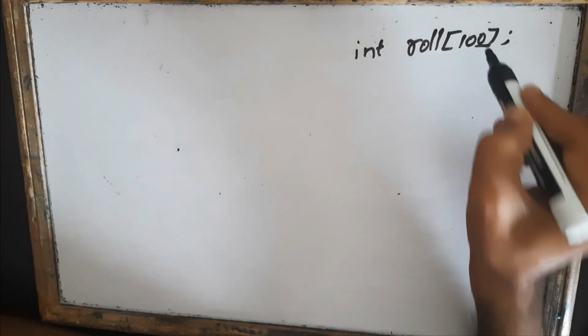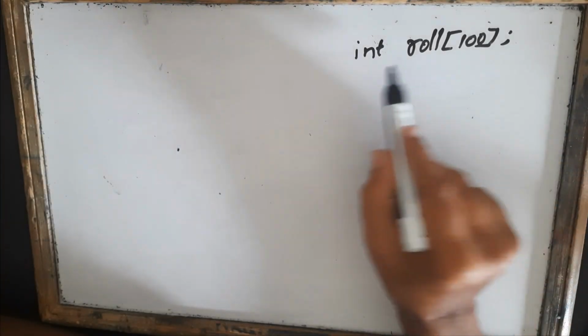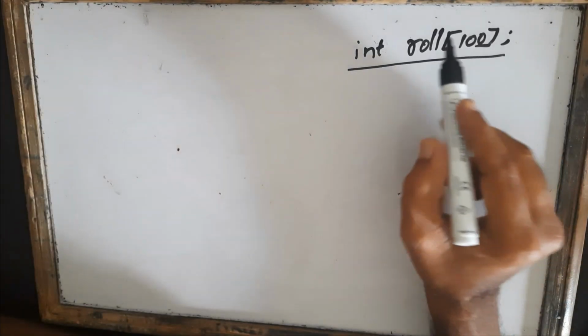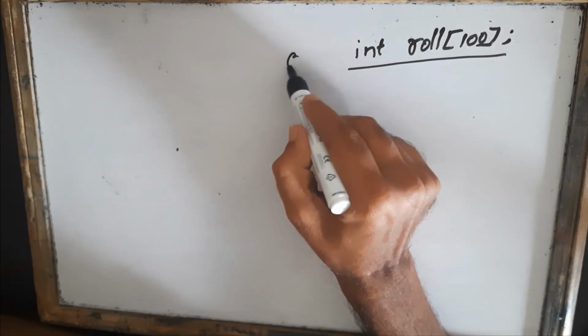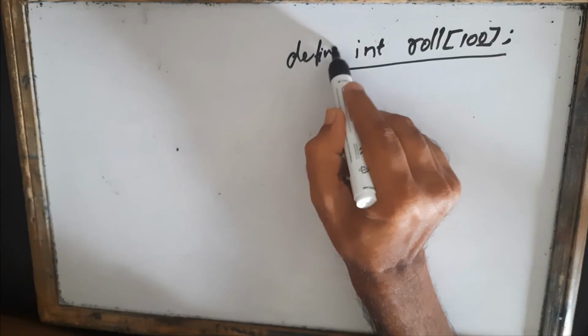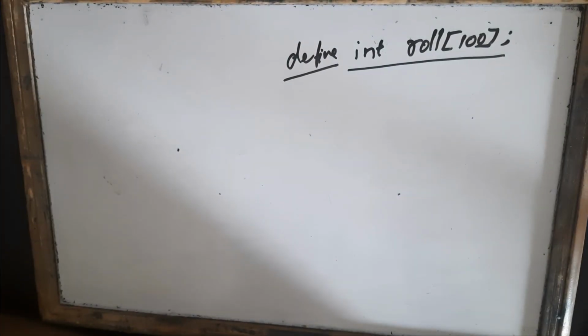So this will create hundreds of variables under the name roll of type int. So we can define integer roll under the name roll, hundreds of variables in this pattern. Okay, this is like a definition, this is how to define.